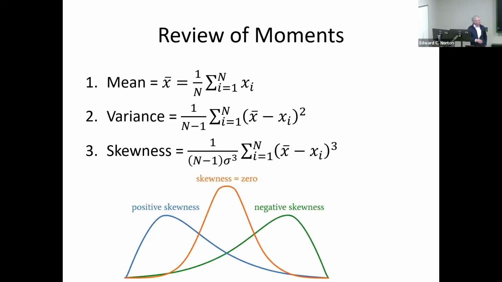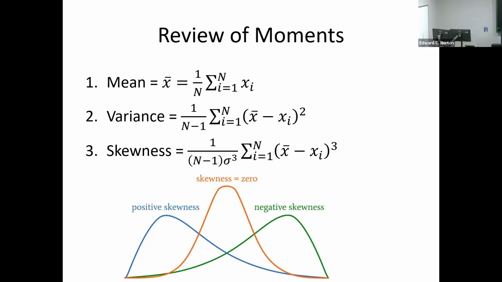So just a quick reminder, we're going to take a moment to talk about statistics. The mean is just a simple average: we add up a bunch of numbers and divide by the number of things, and that is the mean or average. The variance looks at the difference between the observation and the mean, takes the square of that and takes basically an average. Skewness is the third moment.